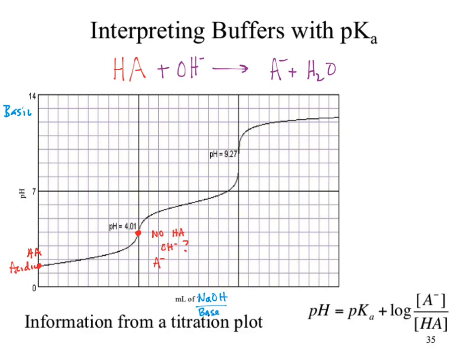Okay, I have no HA, which means its concentration is 0. What is a number divided by 0? Try and enter it into your calculator. Depending on your calculator, you'll get a variety of different answers. Usually it freaks the system out. If we do a number divided by an infinitesimally small number, we end up with an infinitely large number.